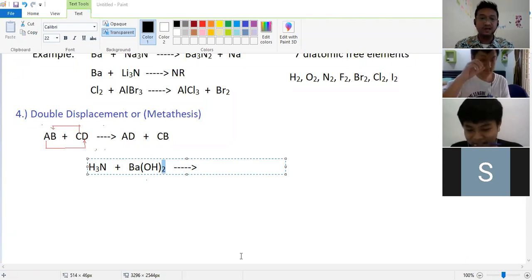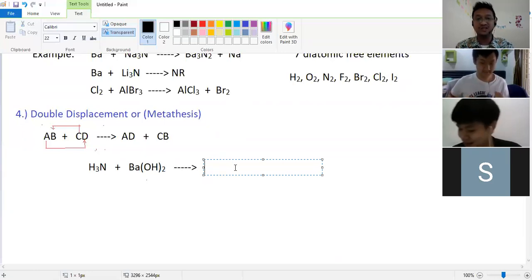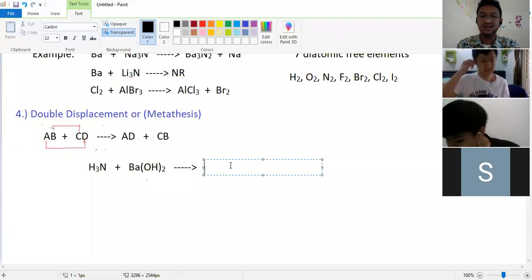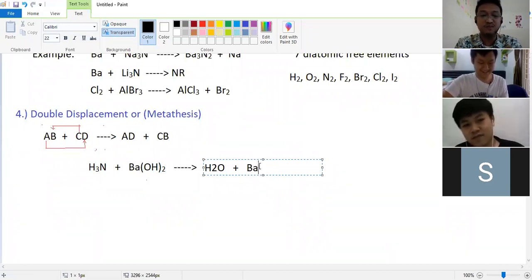All right, let's analyze. Like what we said, A will combine with D. So one atom of hydrogen plus OH becomes H2O, or water. Plus, Ba will combine with N, so it becomes barium nitride. How do we write the symbol for barium nitride? It's Ba3N2.